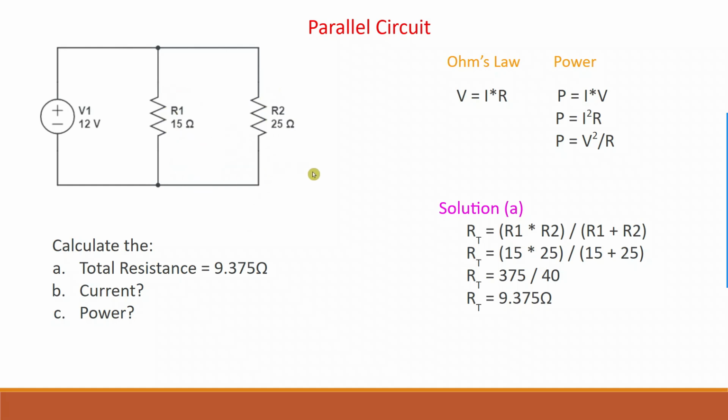So what is the formula for total resistance of a parallel circuit? RT, means R total, equal to R1 into R2 divided by R1 plus R2. If you have 4 resistors R1, R2, R3, R4, then it will be R1 into R2 into R3 into R4 divided by R1 plus R2 plus R3 plus R4.